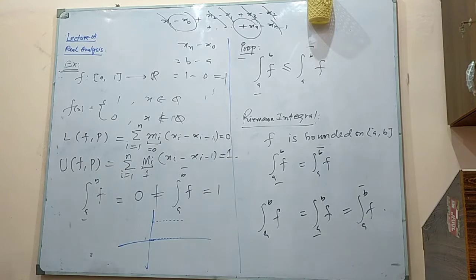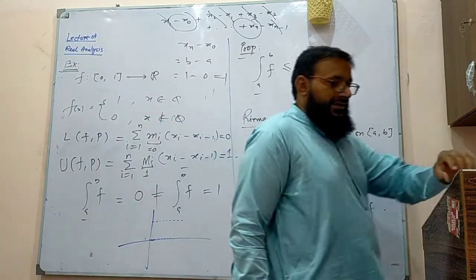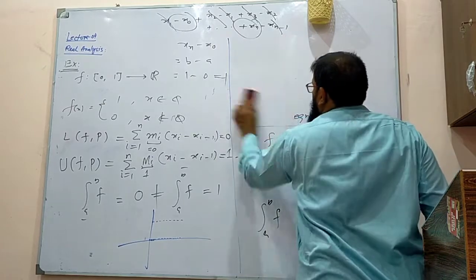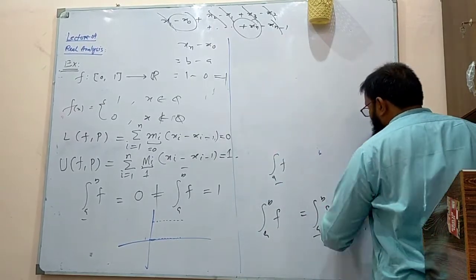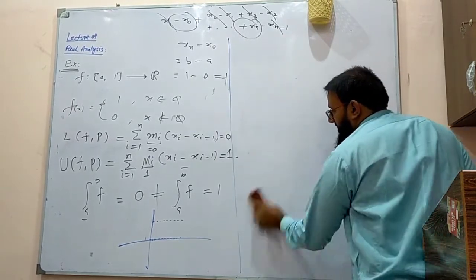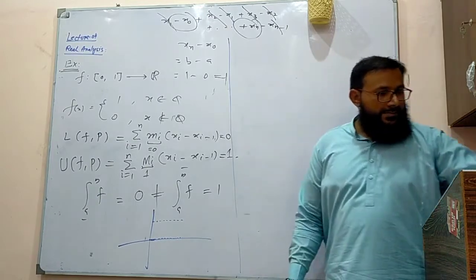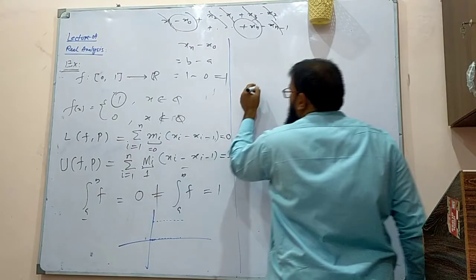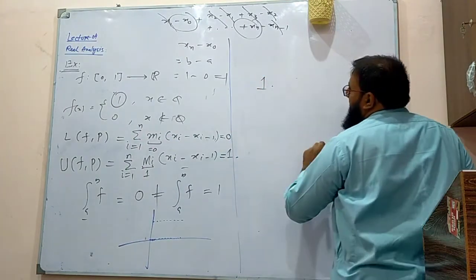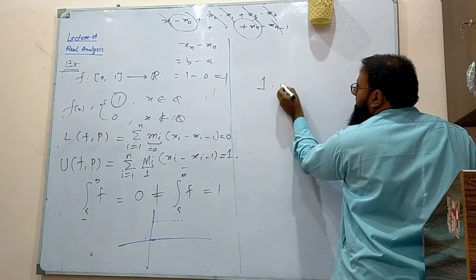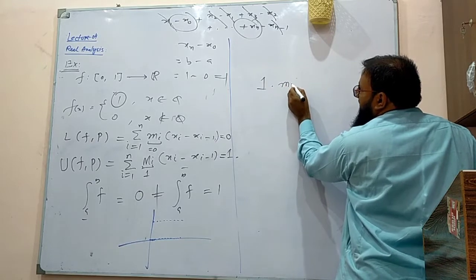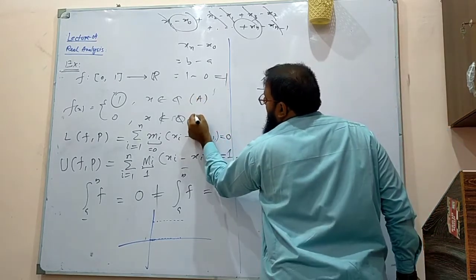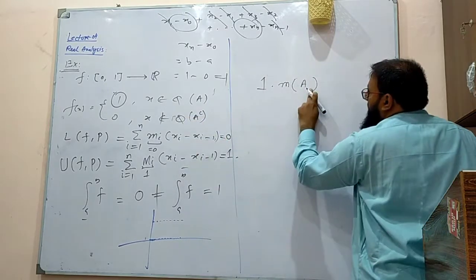Because the Lebesgue integral is simply, let me tell you the bigger picture, that whatever sets are given to you, you just take the value of the function, that is 1, and multiply with the measure of the set A. Let me call this set A and this set A complement.